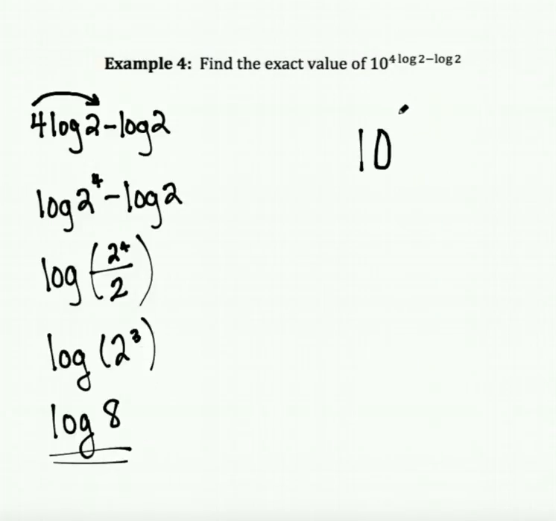So I'm going to go over here and write it now as 10 raised to the log of 8. Now I know that since there's no base written here, it's automatically a 10 when it's not written. So I have 10 raised to the log base 10. Since they have the same bases, they are inverses of each other. They're going to undo each other, and my answer is just 8.